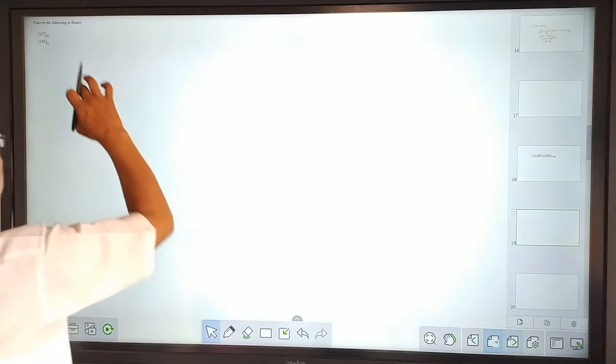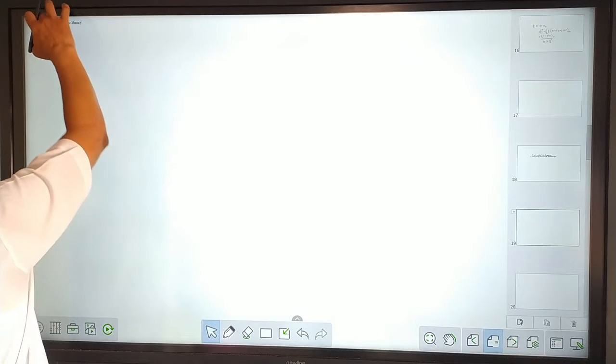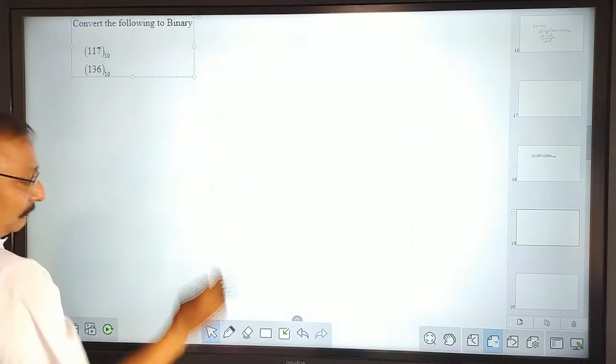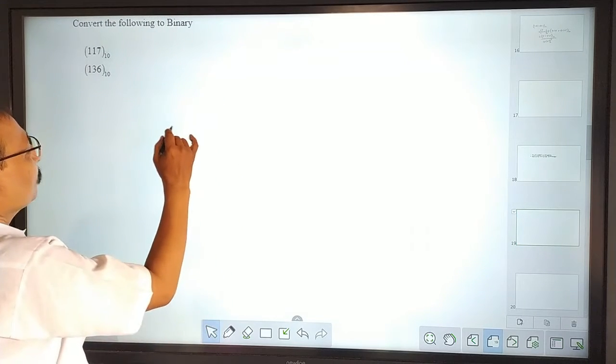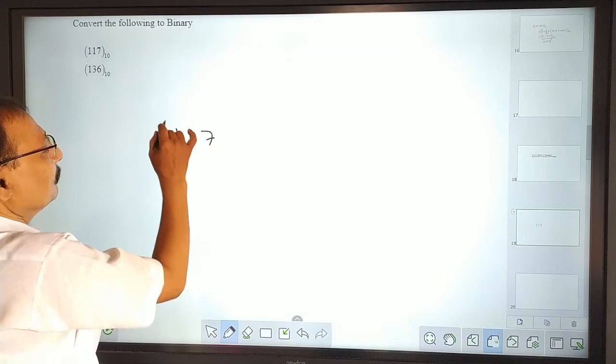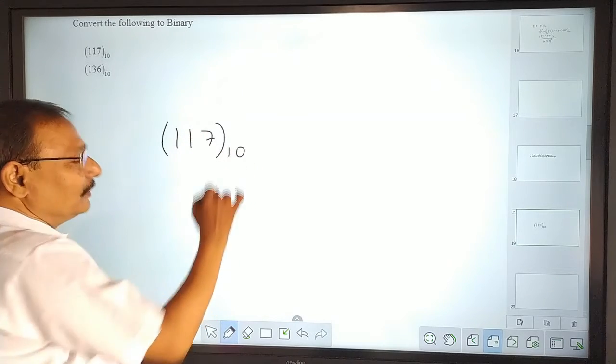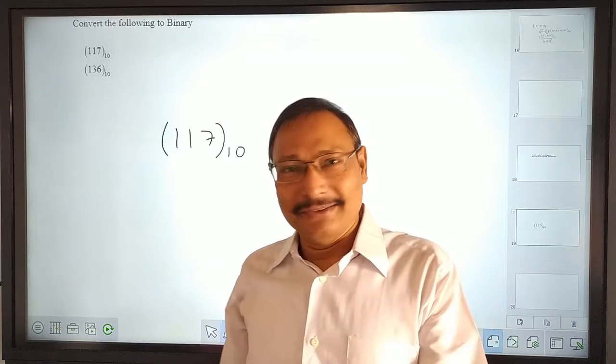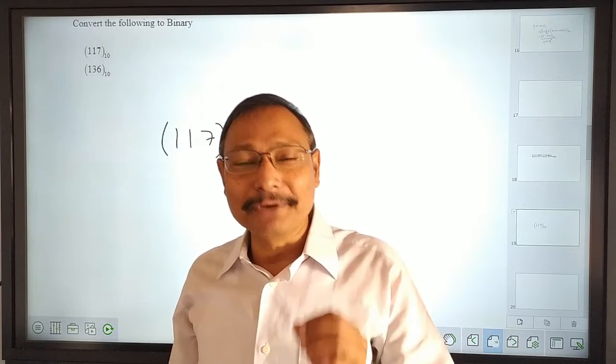So here I took an example. Firstly, we are going to convert 117, which is written in the decimal format, and obviously we took a non-fractional number.